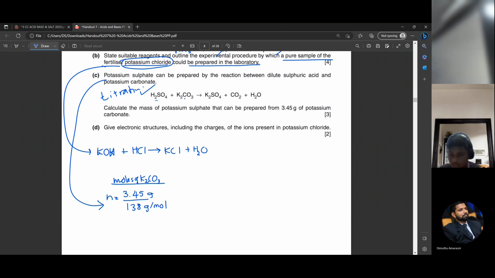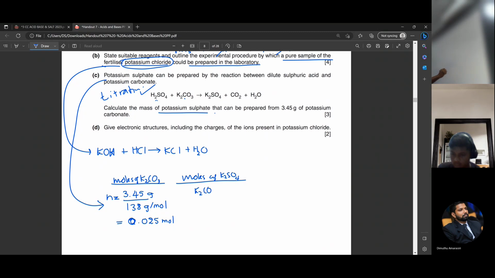When you divide 3.45 by 138, you get 0.025 moles. Then moles of potassium sulfate produced.